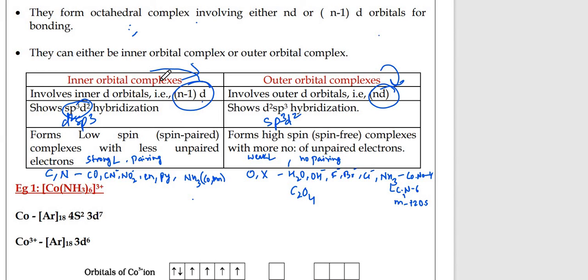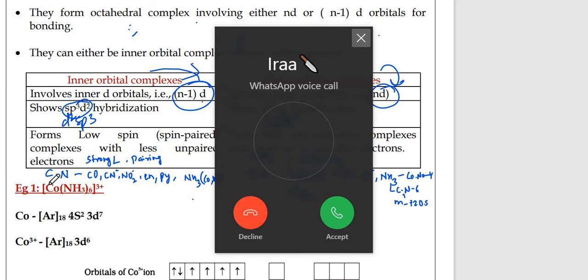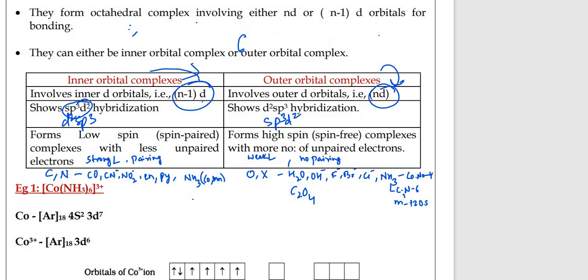Same way, if I have coordination number 6, it can be an inner orbital complex or an outer orbital complex. Inner orbital when it's using the inner d orbital, and outer orbital complex when we use the outer d orbital.